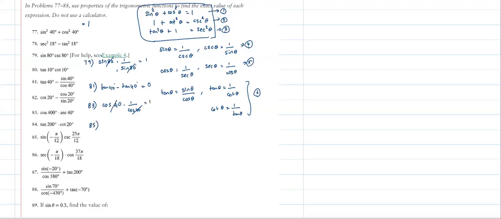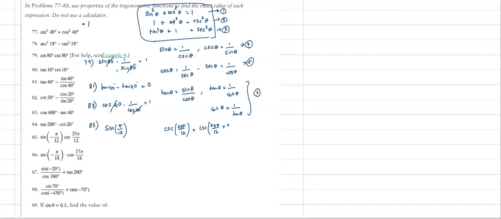85. Remember, sine is an odd function. So sine of negative pi over 12 is the same as negative sine pi over 12. And cosecant of 25 pi over 12 is the same as cosecant of 24 over 12, which is 1 revolution, 2 pi, plus pi over 12.